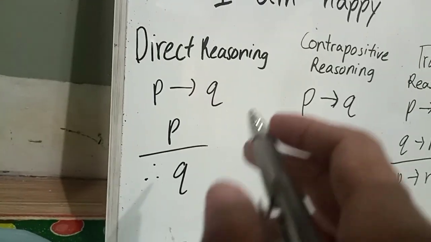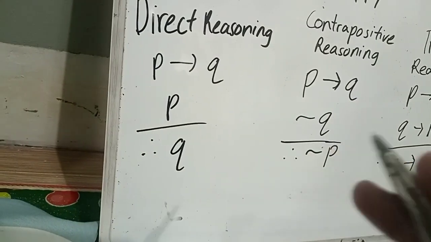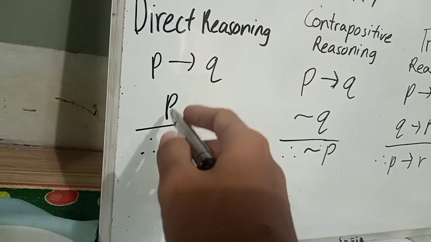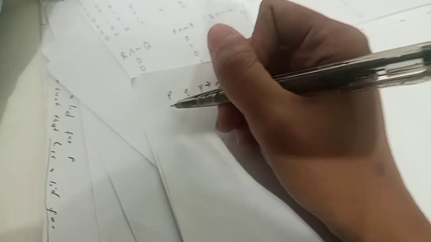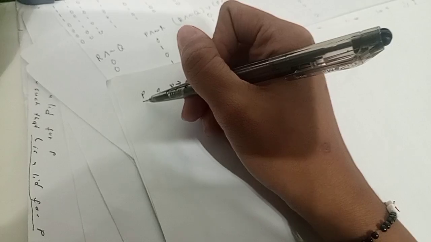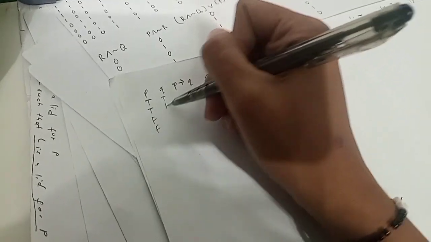Then our first statement is if P then Q. The second statement is P, and the conclusion is Q. So let's write the constants: T, T, F, F and T, F, T, F.